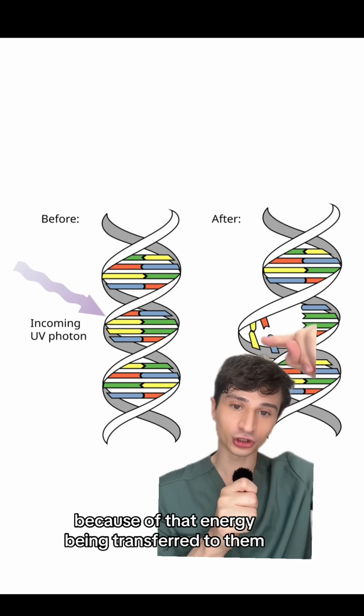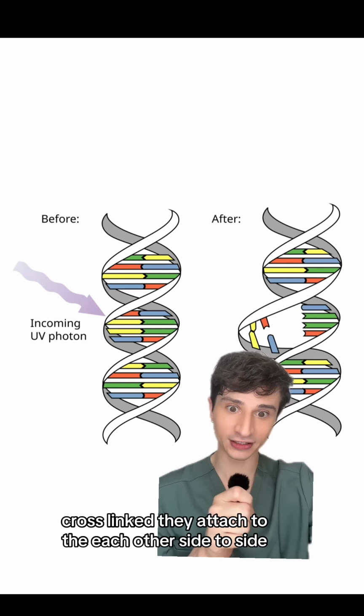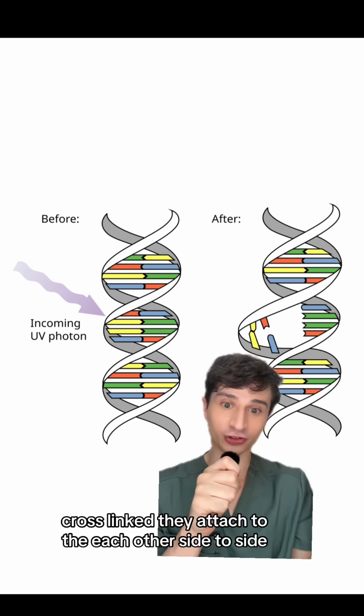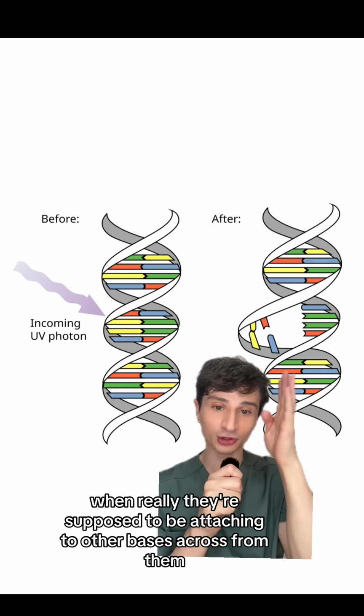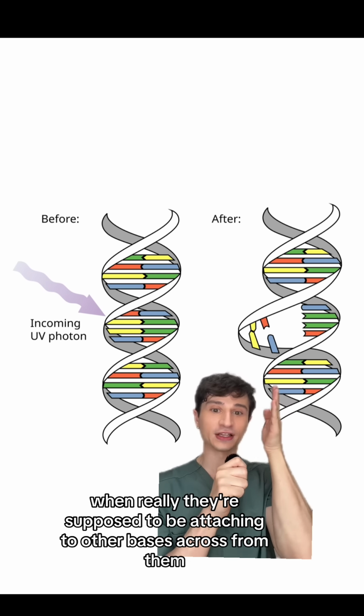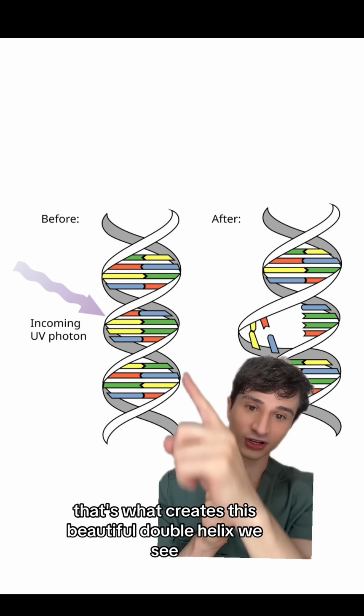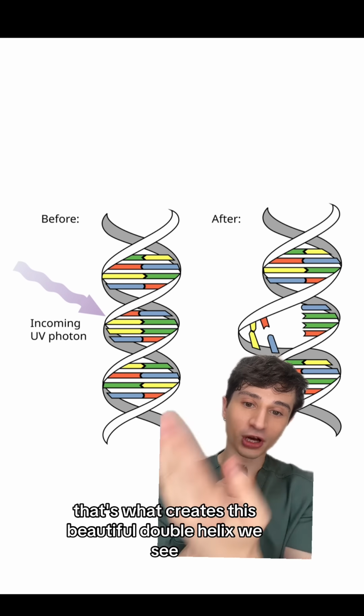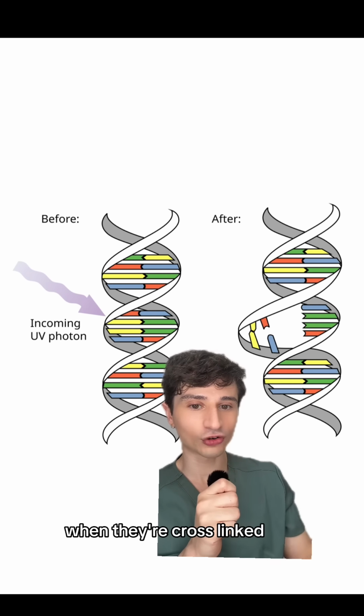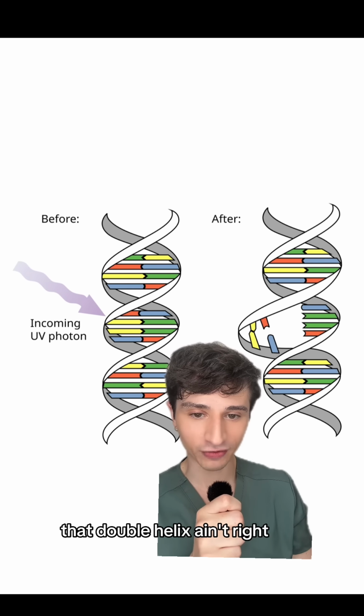Because of that energy being transferred to them, they cross-link, attaching to each other side to side when really they're supposed to be attaching to other bases across from them. That's what distorts the beautiful double helix we see. That double helix ain't right.